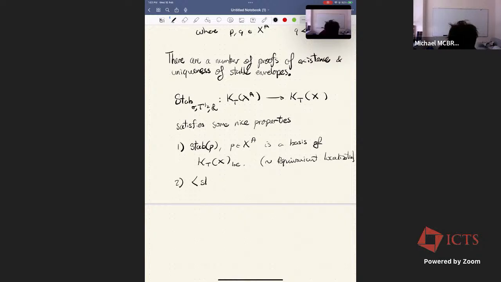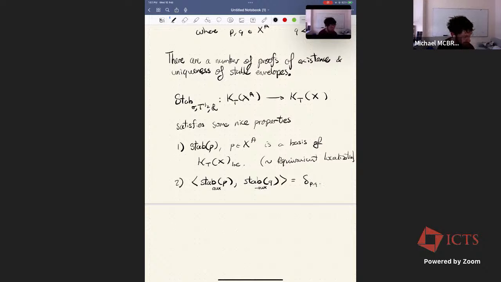It says that stab P for our given choice of auxiliary data forms a dual basis to stab Q for the opposite choice of auxiliary data.